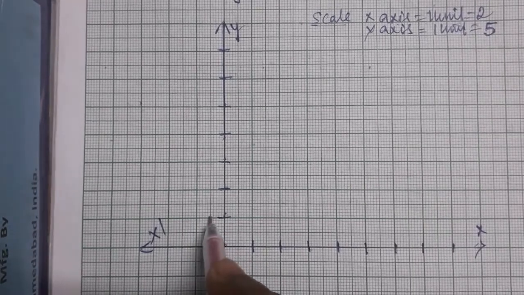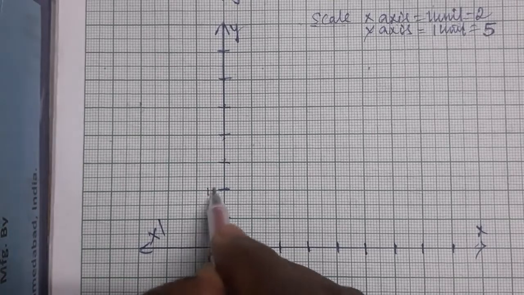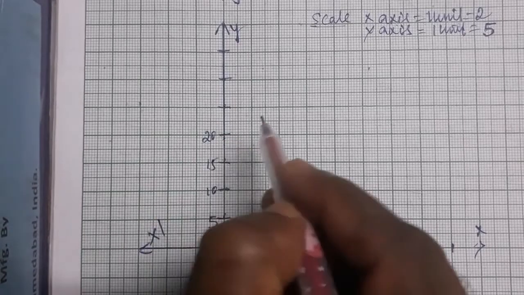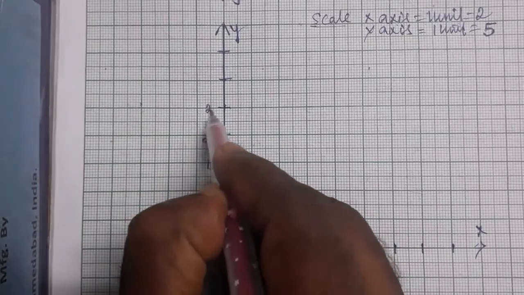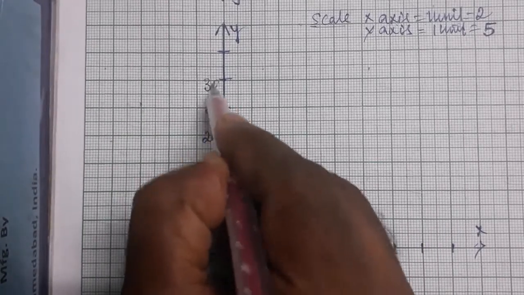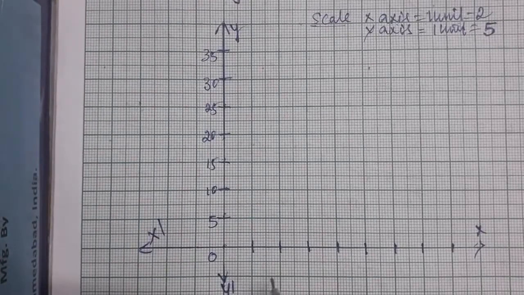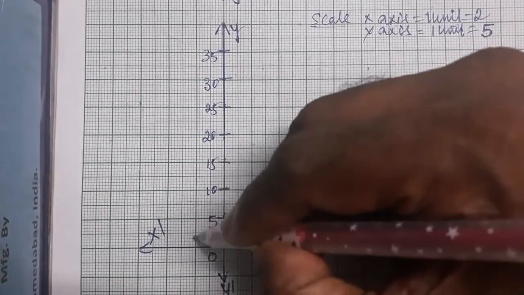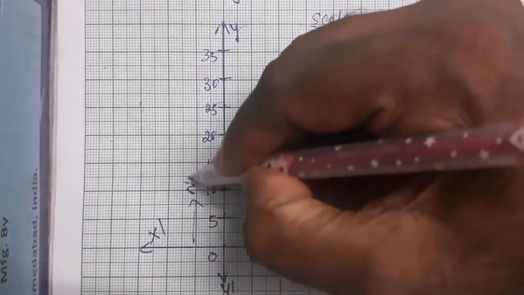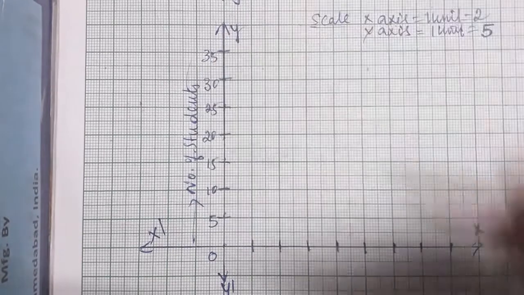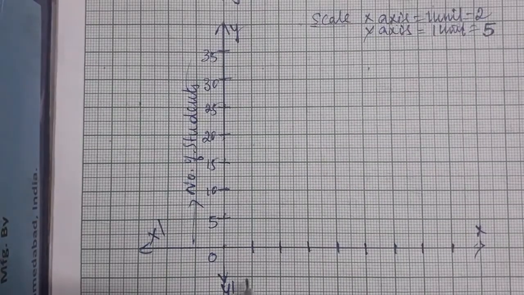Now start writing here. Y-axis: 5, 10, 15, 20, 25, 30, 35. This is number of students. Now I am coming to the x-axis.